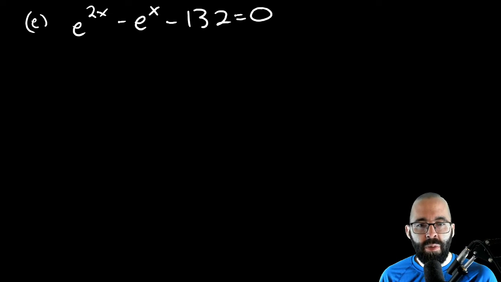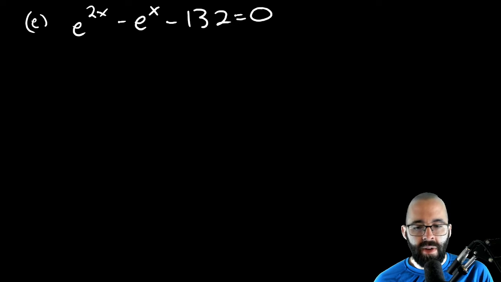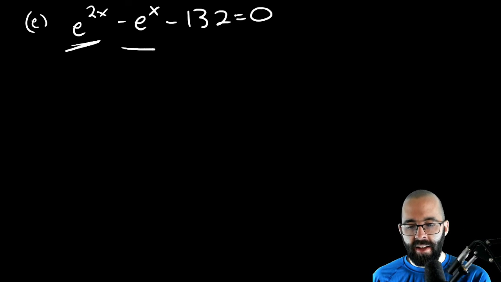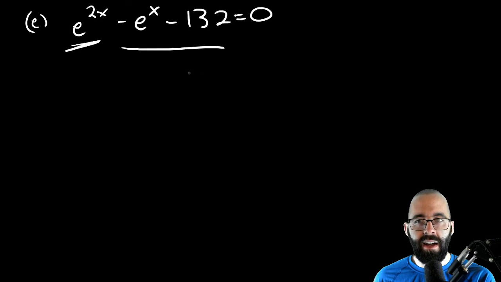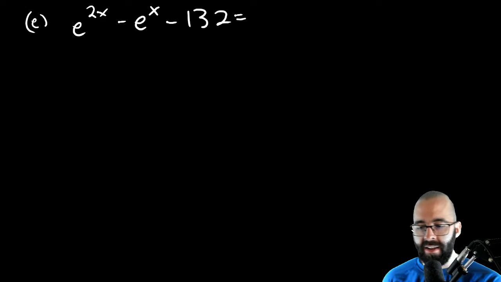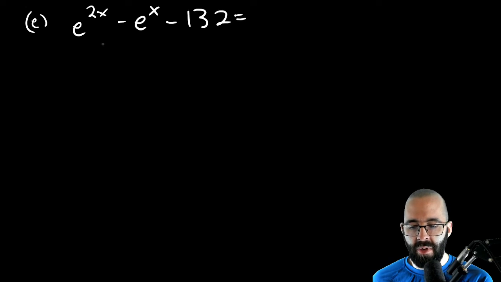And the reason why this is a problem is we can't isolate an exponential, right? If I get e to the 2x by itself, then this is going to be on the other side. We have 2 exponential functions, but we also have a constant. We cannot solve this the same way that we did before.